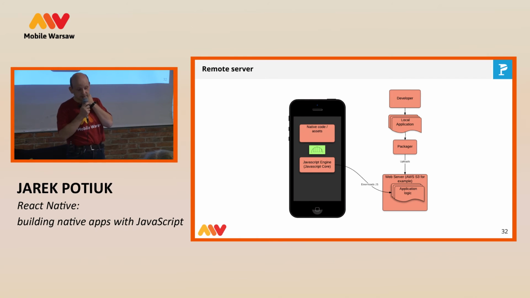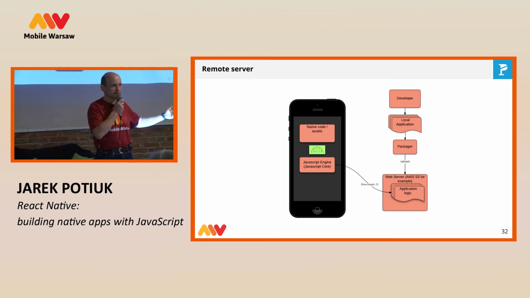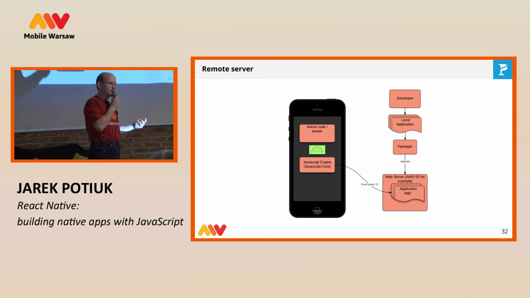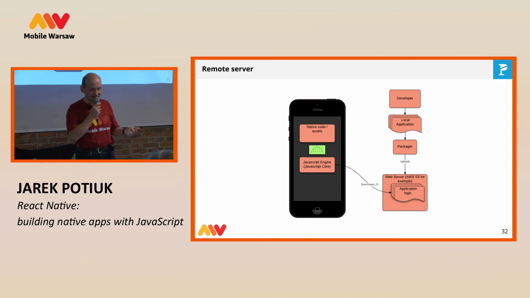This means that by just copying the files to the web server and giving your customer an application which reads from that server, it works a little bit slow because it has to download the JavaScript, but every time it opens the application, it reads the new JavaScript code from your web server, which means your customer doesn't have to update the application to get the new version. It's not yet production, but it can be done.